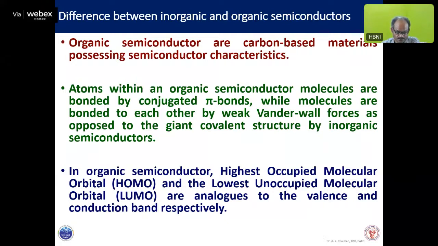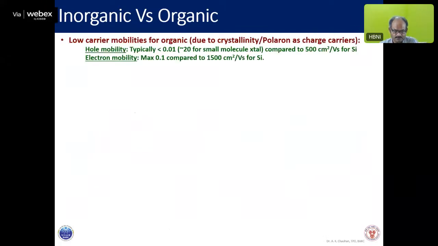HOMO and LUMO are different. These are basically for molecules only. However, valence band and conduction band are for crystals. The width of the valence band and conduction band is much more, whereas the width of the HOMO and LUMO levels is small.